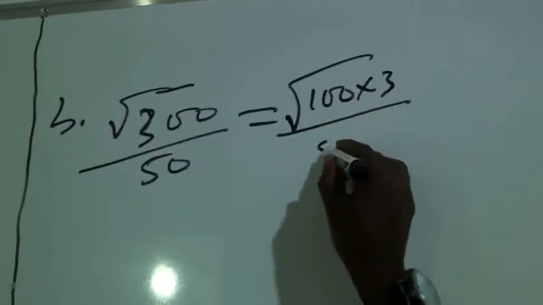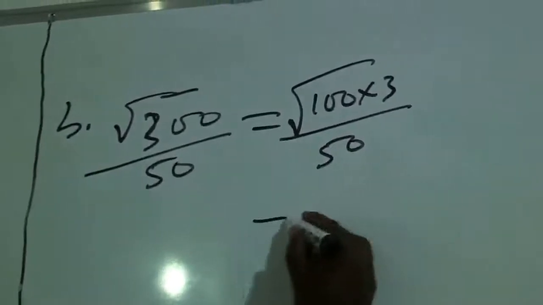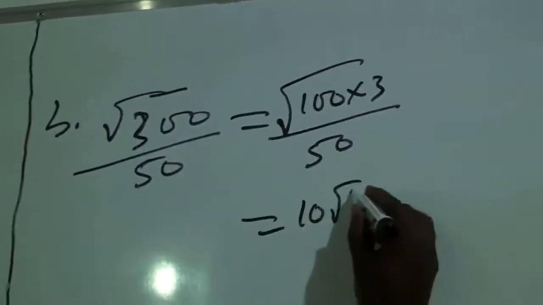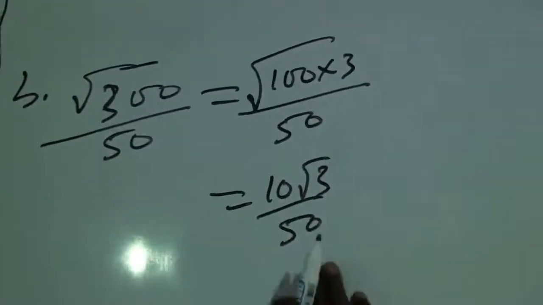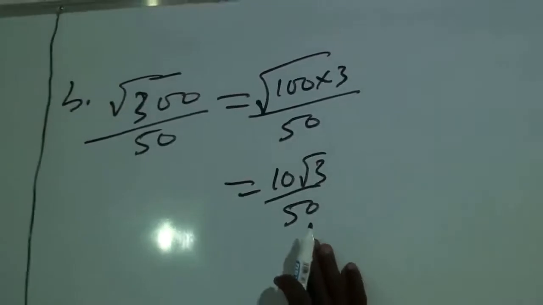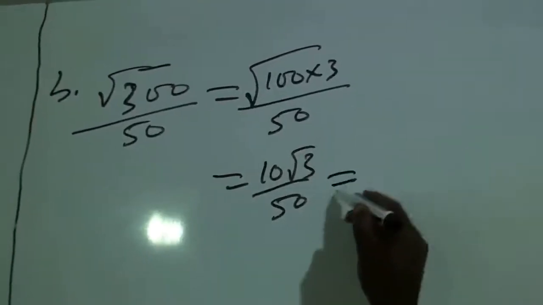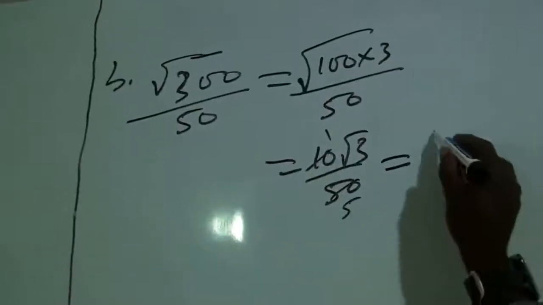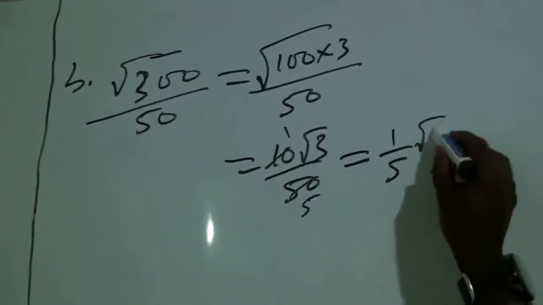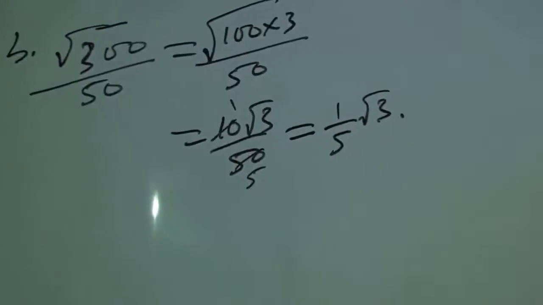And then we have all over 50. And the root of 100 is 10. So we have 10 root 3 all over 50. So you see, the denominator here does not have a root, so we are okay. And this can be simplified into, we say, 10 here 1, 10 here 5. So we have 1 all over 5 root 3. And we are done.